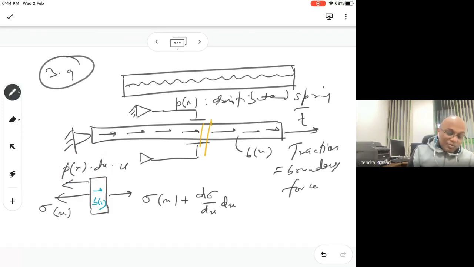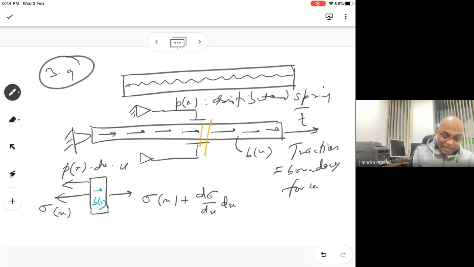Okay, so what we will get here is, of course, we will have the area also.